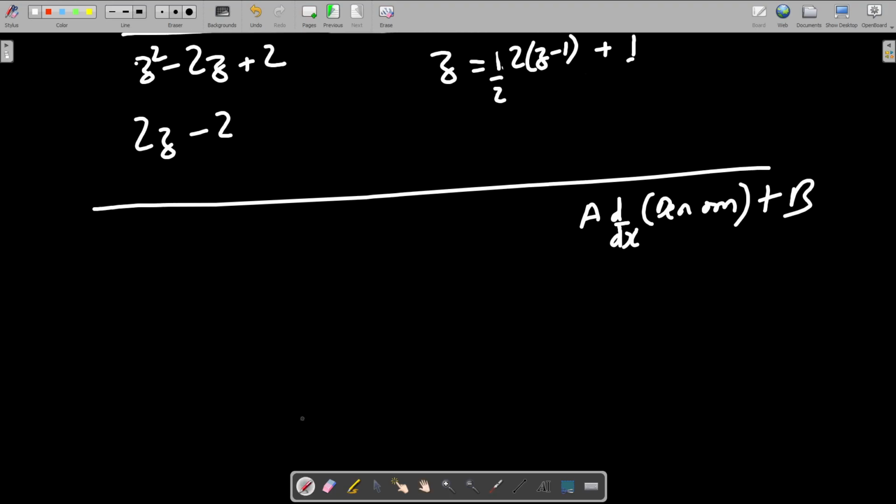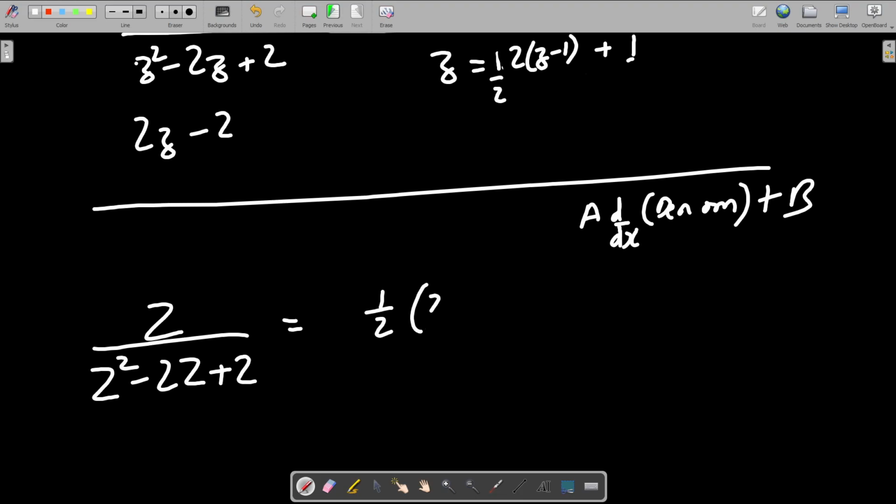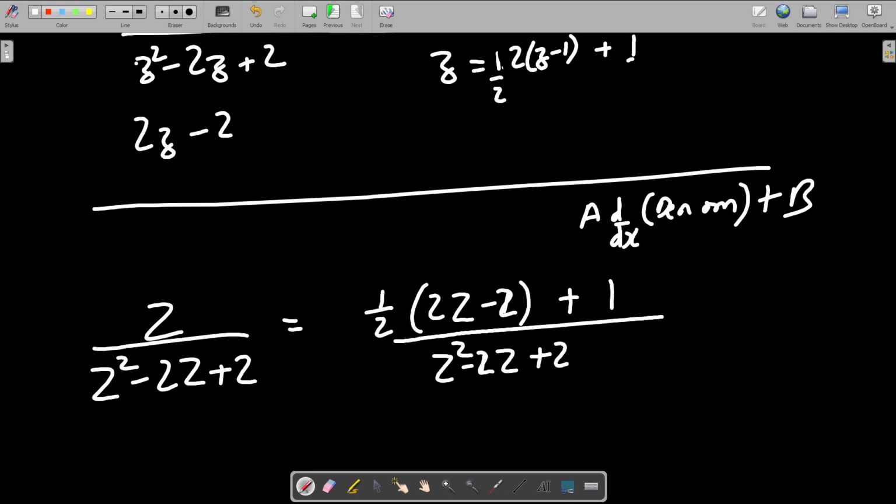Okay, so basically I'm saying that this expression z upon z square minus 2z plus 2 can be written as half times 2z minus 2 plus 1, and this will become z square minus 2z plus 2.